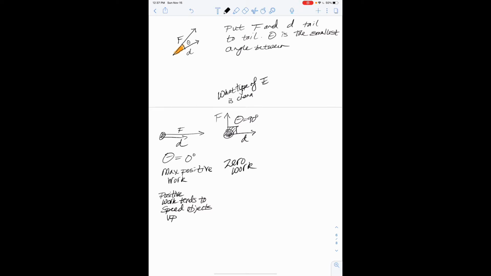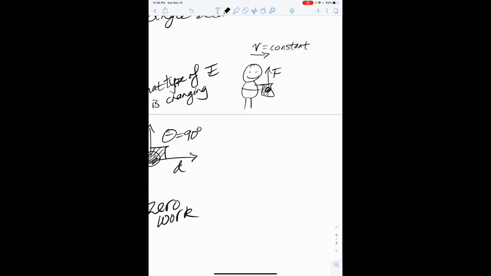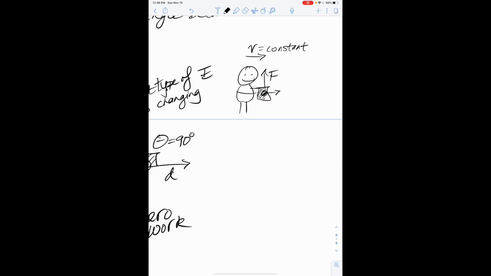Because they always think, well, if I'm carrying a box and it's heavy, or I'm walking with it at a constant speed, maybe I have a velocity this direction, it's constant. So I'm applying this force as I move a distance this direction. What we're saying here, because that's 90 degrees, is that this is 0 work.